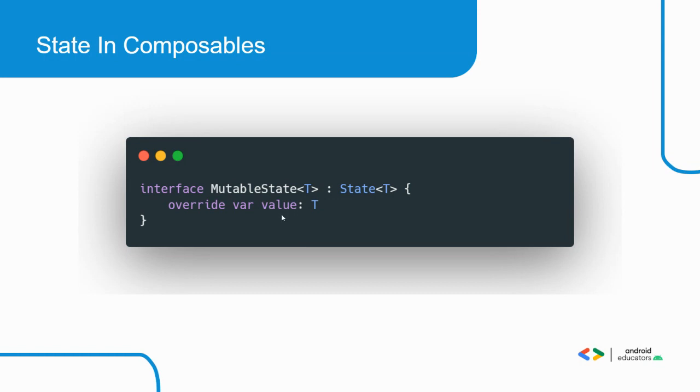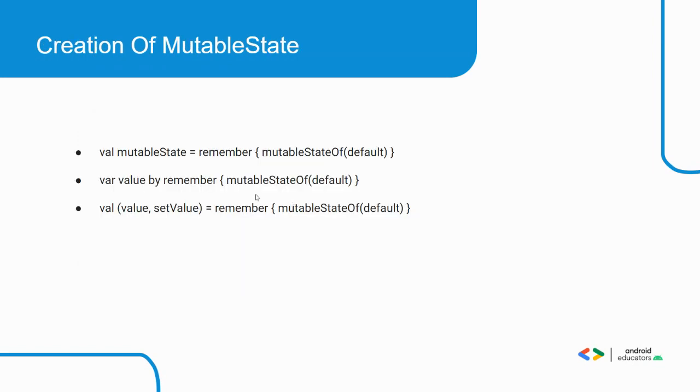For example, you attach this value to a text field, a button, a list view or a lot of other things, and whatever UI component is reading this value will get recomposed automatically. It doesn't have to call that compose function again in order to perform the recomposition. So this is how you can create the mutable state.